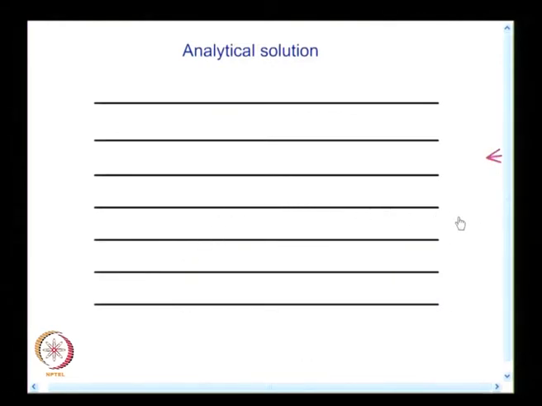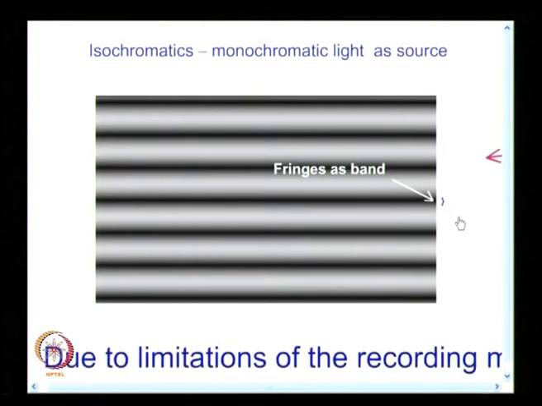Now, I take a model, put it in an optical setup and find out what the contours look like. I do not get straight lines as thin as possible, I get only a band, essentially straight bands. So, this result matches what you have seen in the analytical solution with a difference.